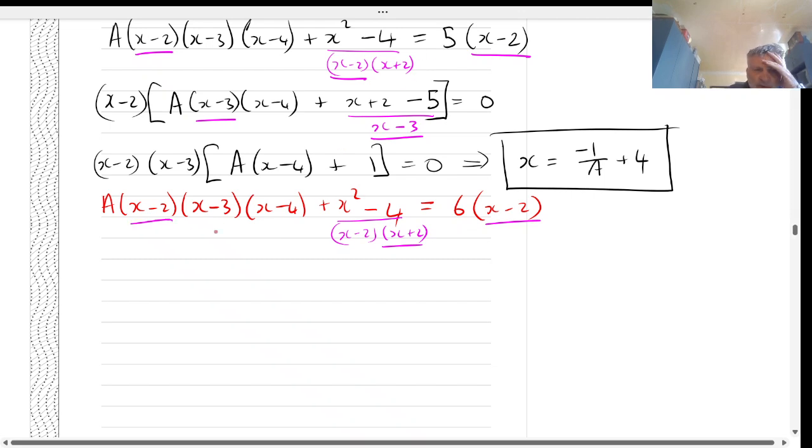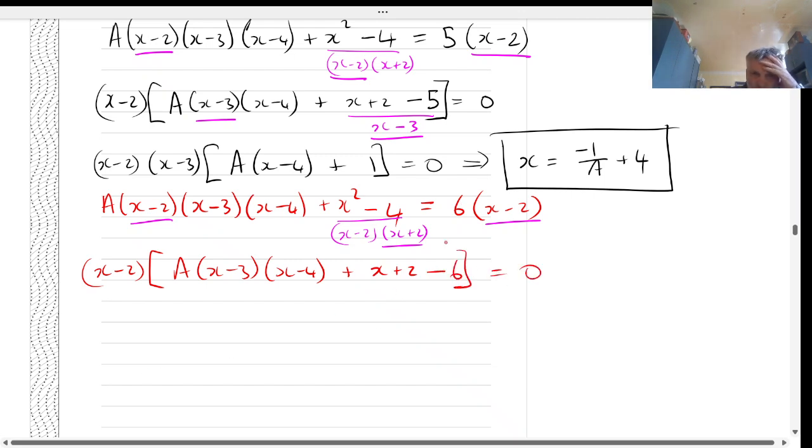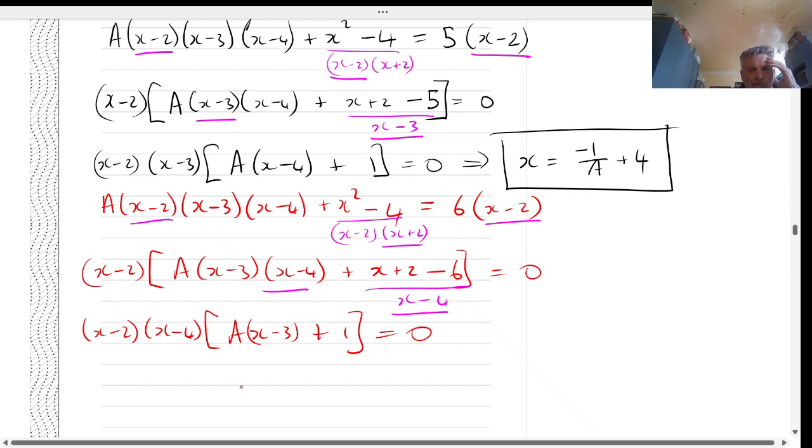We take that common factor out: (x − 2) times a(x − 3)(x − 4) plus (x + 2) here. Take off the 6, shifting it to the other side, is equal to 0. This is x − 4, which gives us another common factor. So we get (x − 2)(x − 4)(a(x − 3) + 1) equals 0.